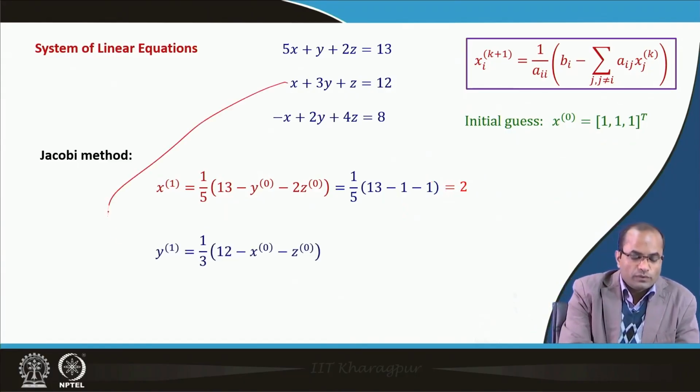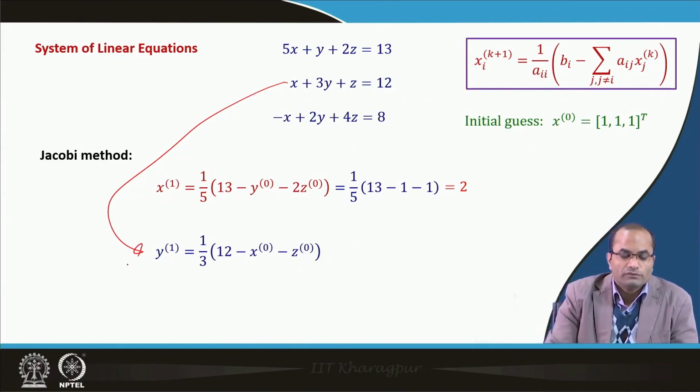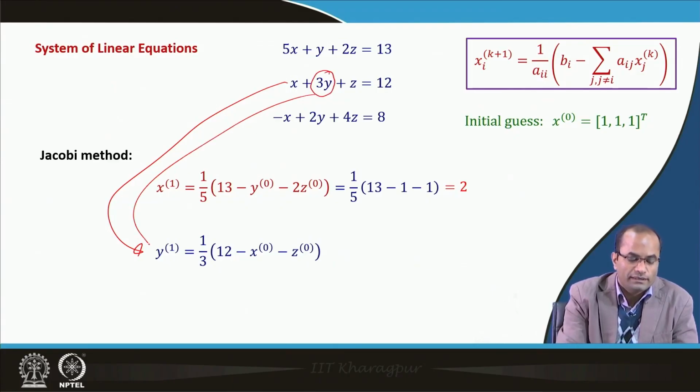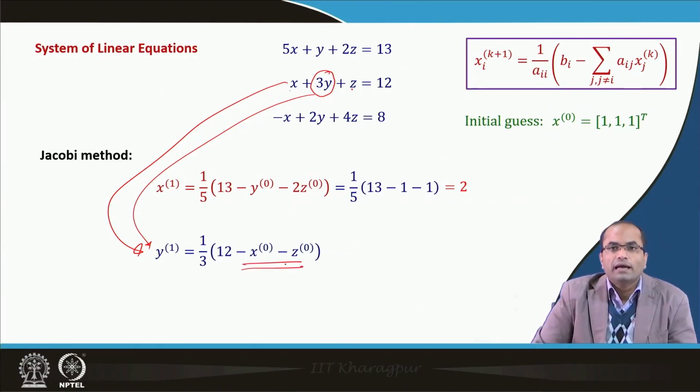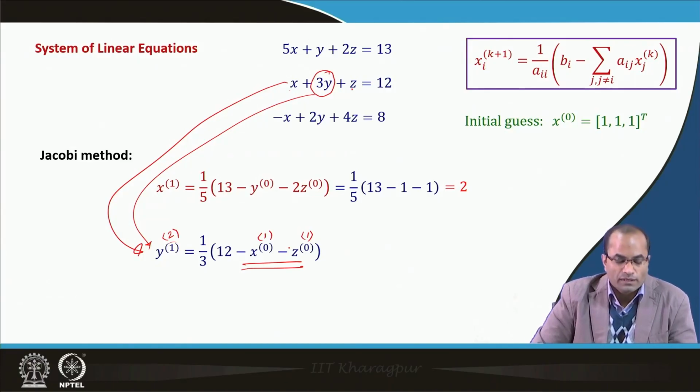Regarding the second equation, again we do not have to really go through this formula, directly we can write. So, from the second equation, now we have to take y this side, and the rest everything. So, x and z will go to the right hand side, and then we will set up the iteration. So, here we will put a 0, then we will put here 1, and the later iterations also, for example, in the second iteration this will be 2, and this will be just the iteration before this, that is 1.